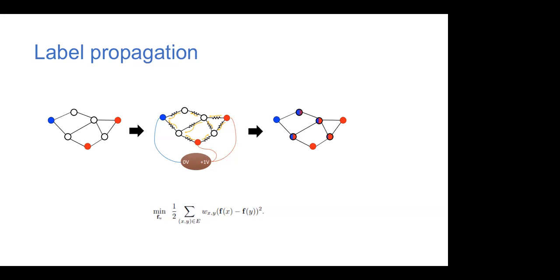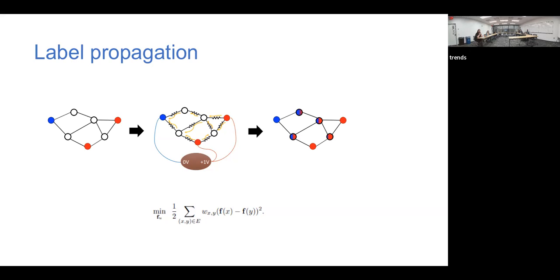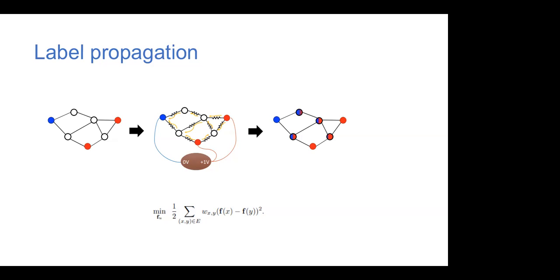So you take samples from your data, label them, then compute scoring based on this, and then optimize. And I think that's how the label propagates through the graph.